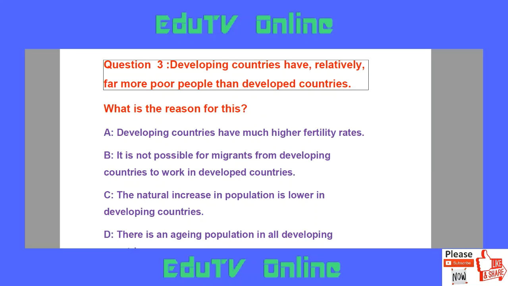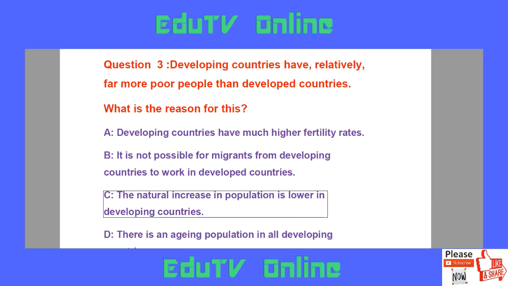Question 3. Developing countries have, relatively, far more poor people than developed countries. What is the reason for this? A. Developing countries have much higher fertility rates. B. It is not possible for migrants from developing countries to work in developed countries.